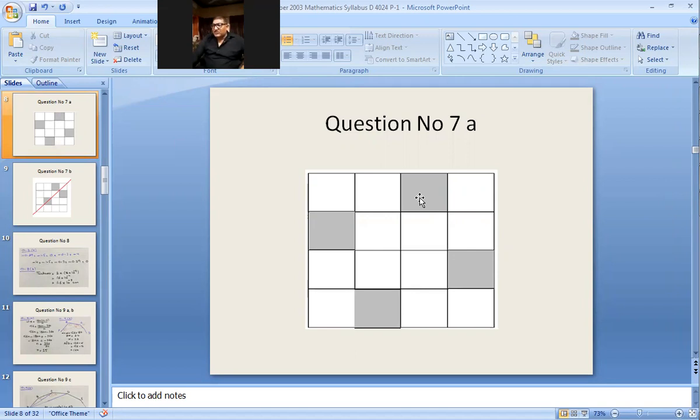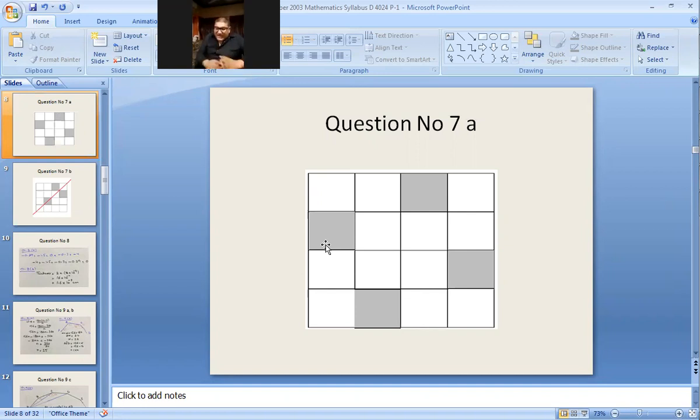This was the original thing. This color was original. So I will take this piece and rotate it 90 degrees, so this will come here. Then I rotate it a further 90 degrees and this will come here, and I rotate it a further 90 degrees and this shaded square will come here. So these are the 3 new squares which I have shaded. Now you can see that this figure has an order of rotational symmetry 4.